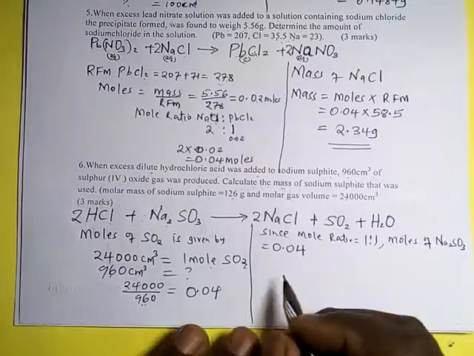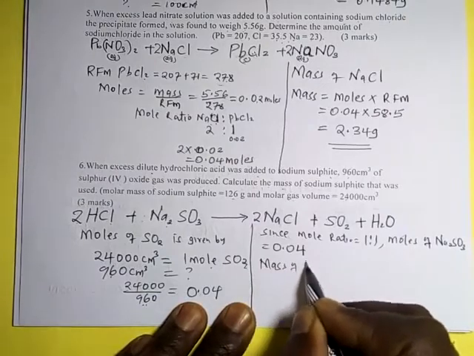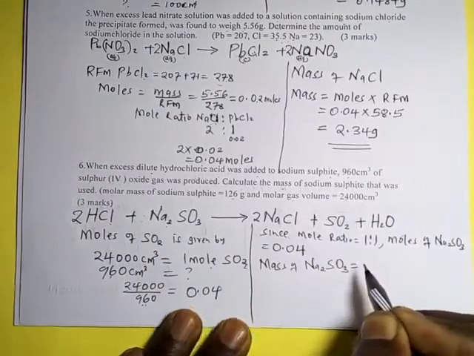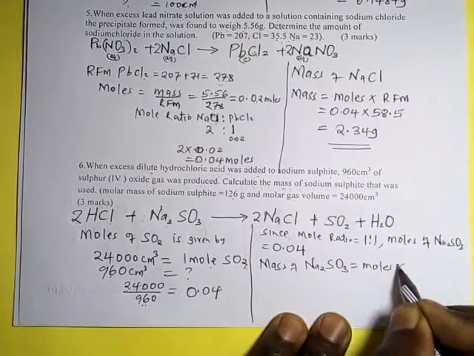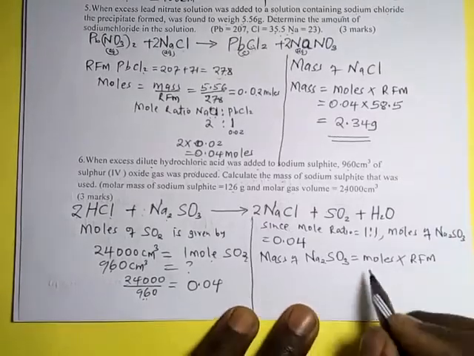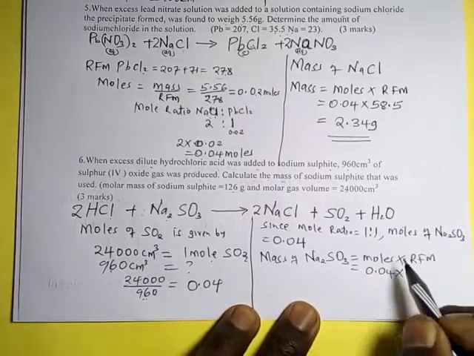Now, how do you get the mass of a substance? Mass of sodium sulfite equals its moles times its Rfm. So the moles is 0.04 times the Rfm of sodium sulfite.